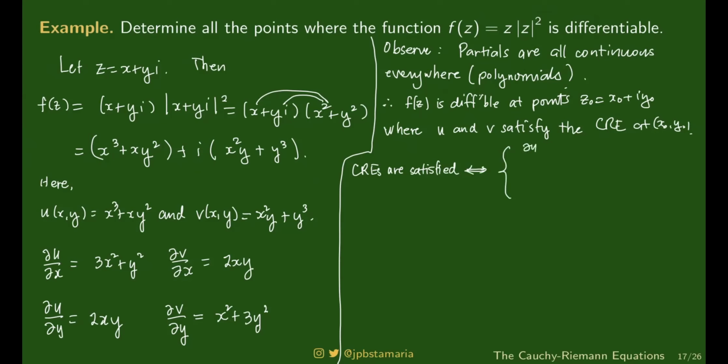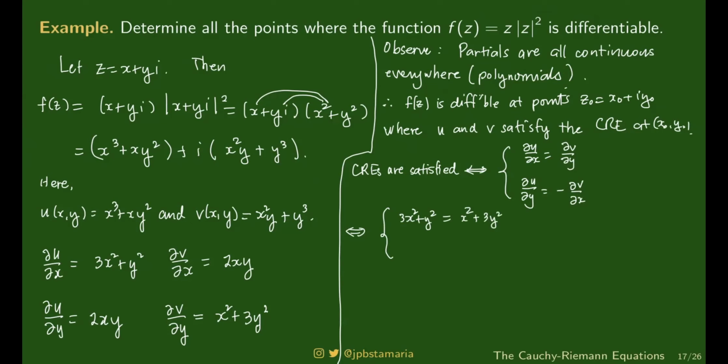Ux is Vy and Uy is minus Vx. Tingnan natin yung mga na-compute natin. Ang Ux natin ay 3x squared plus y squared equals x squared plus 3y squared.